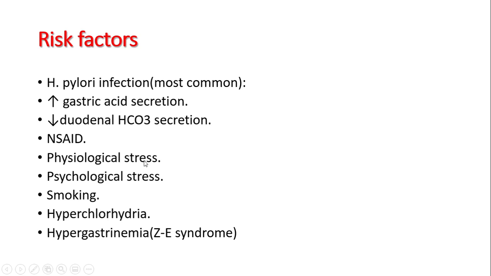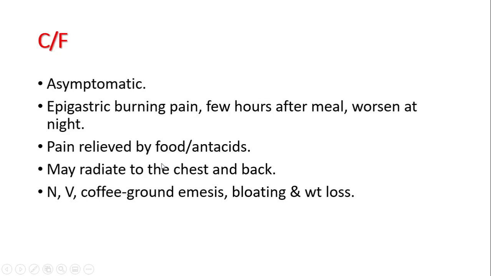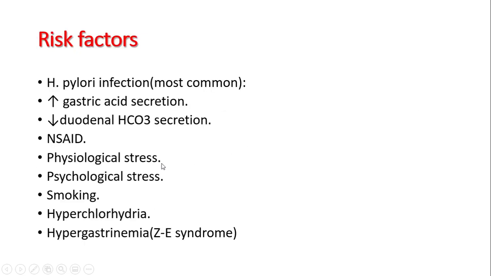Any cause that increases the pressure within the brain, in CVA or tumor and so on, results in excessive stimulation of the central nuclei, stimulating the vagal nerve to secrete more acid.